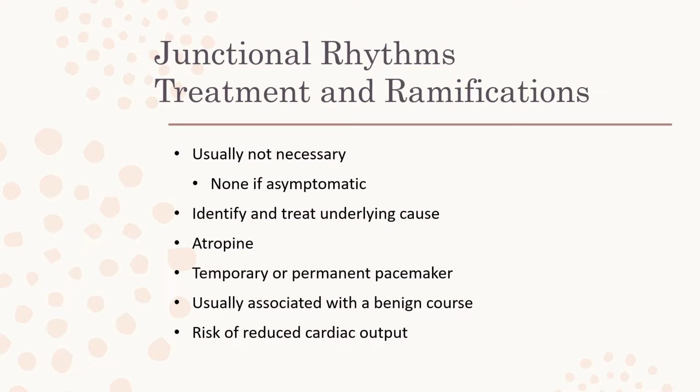Junctional is a little bit more likely to result in a reduced cardiac output than even a really slow sinus bradycardia, because you're not going to get a great atrial contraction with a junctional rhythm, because you're not depolarizing the atria in the correct manner. So that synchronicity between the depolarization of the atria, atrial contraction, and then depolarization and ventricular contraction is a little bit off.